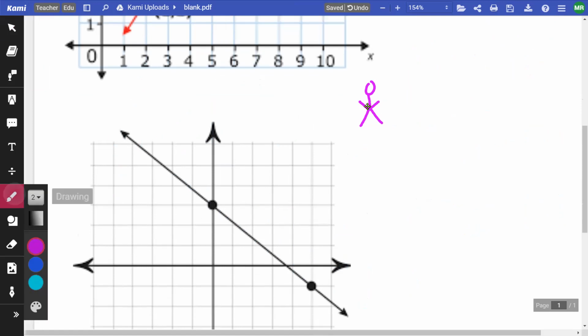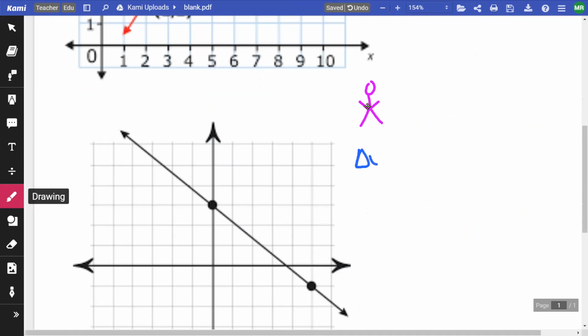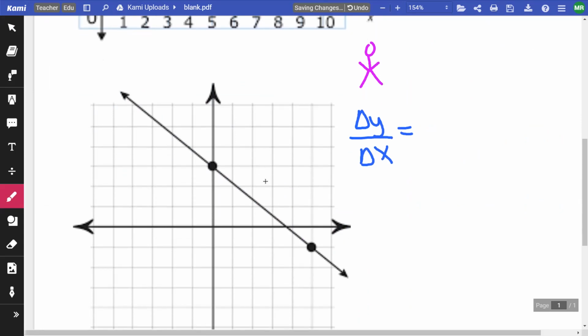So for this one, again, I'm going to be looking at change of y over change of x, okay? And I'm going to see how am I moving from one point to the other. So I am going to be going from here to here, down 1, 2, 3, 4.